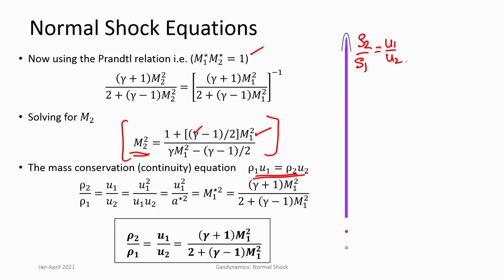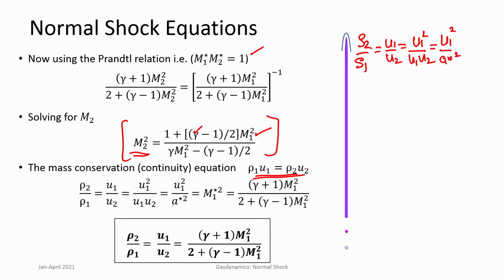Now if you multiply and divide by u1, you get this as u1 square by u1 u2. Now u1 u2, from our recently discussed equations, is a star square. So this is u1 square by a star square.